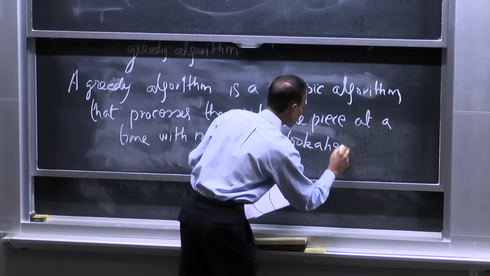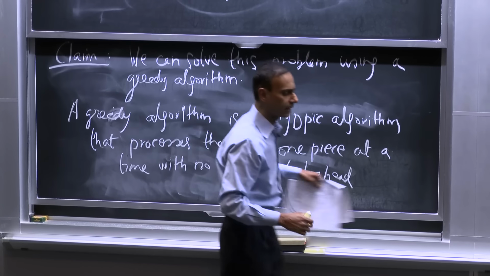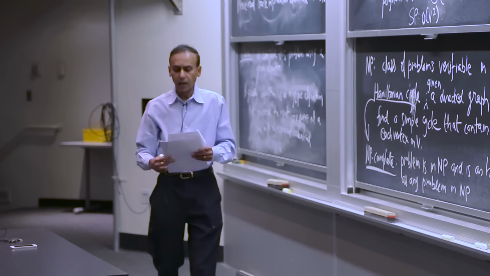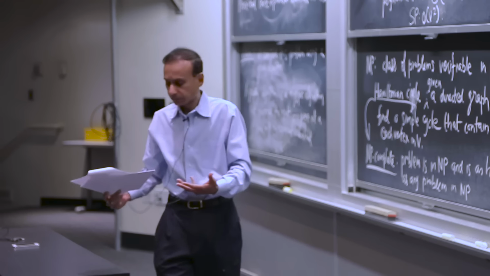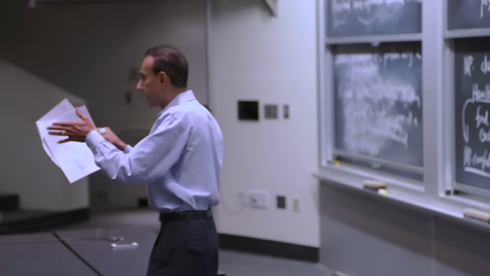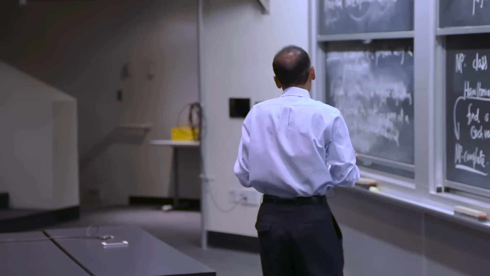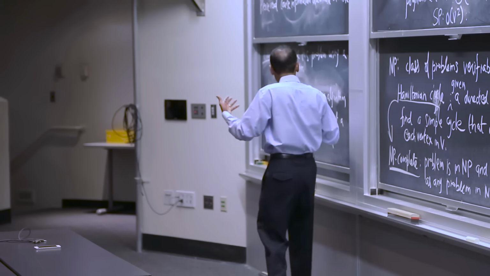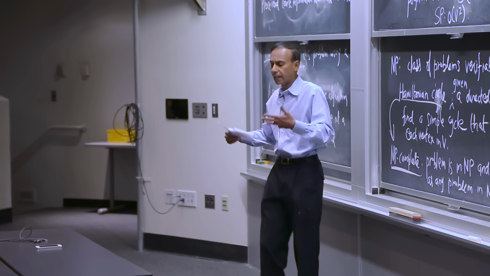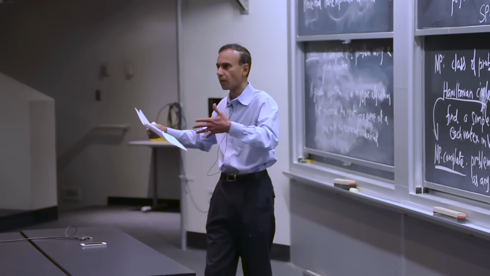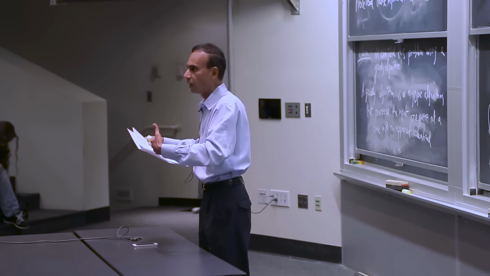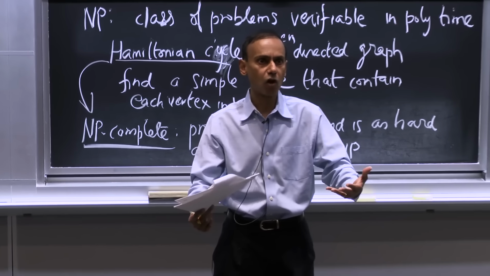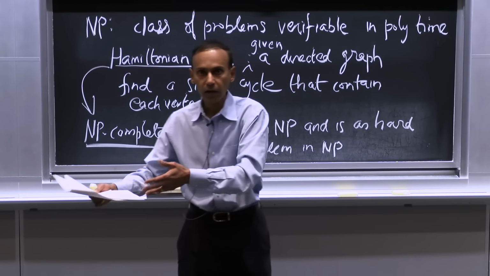So what happens is that greedy algorithms are typically quite efficient. What you end up doing is looking at a small part of the problem instance and deciding what to do. Once you've done that, then the problem has gotten a little bit simpler because you've already solved part of it, and then you move on.